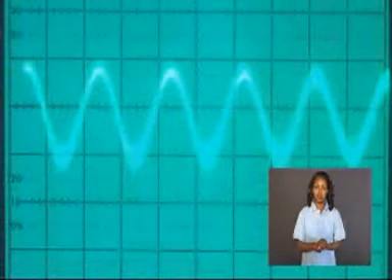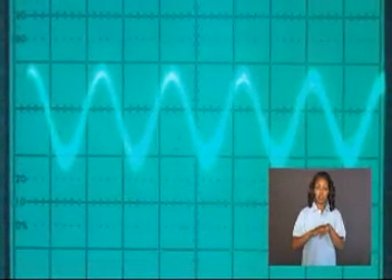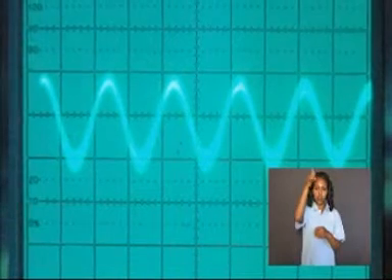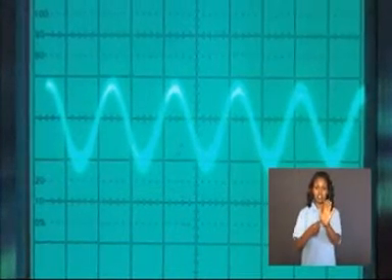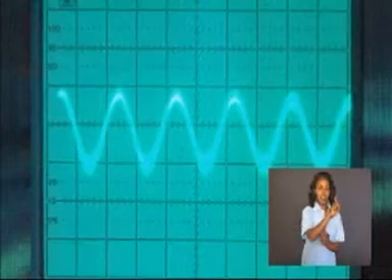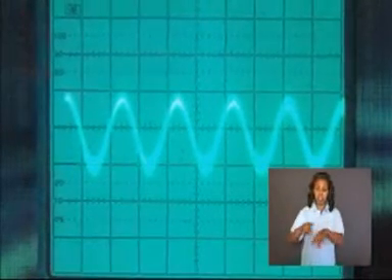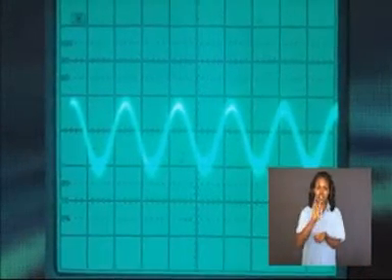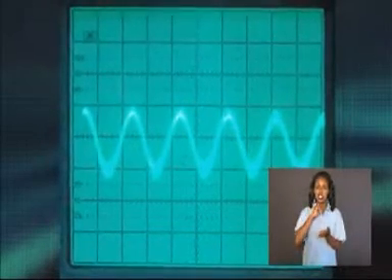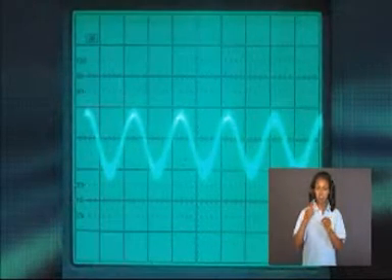They are used to measure voltage and time. On the y-axis, the oscilloscope displays a current's voltage. The x-axis displays the time between voltage pulses. This is normally stated in milliseconds.